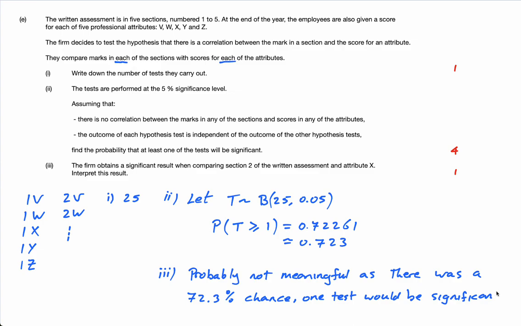So as I say, it's not that big a deal. It doesn't mean that these two have this big relationship. It was likely there was going to be at least one significant result.